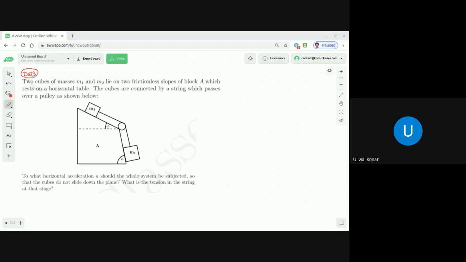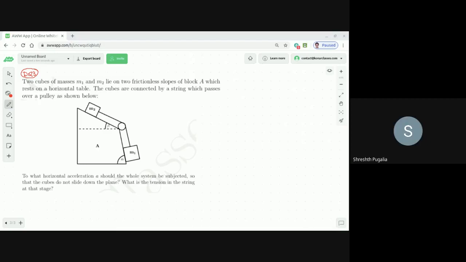Correct, you are. So you are saying that the tension, you got M1 M2 into G into sine alpha minus beta by M1 cos alpha plus M2 cos beta. Yes, sir. What about you, Tejas and Shrestha and Pratik?